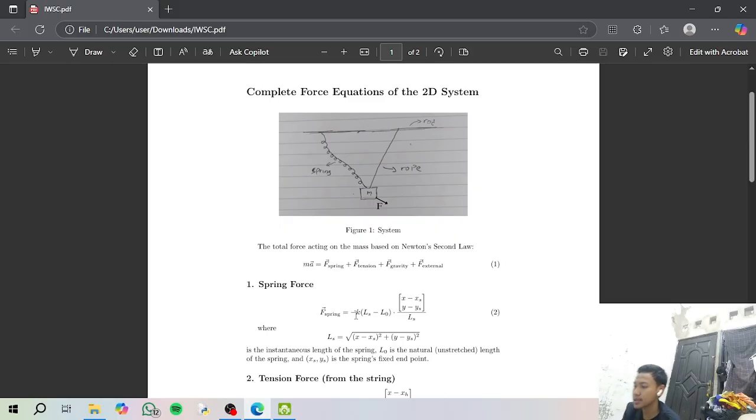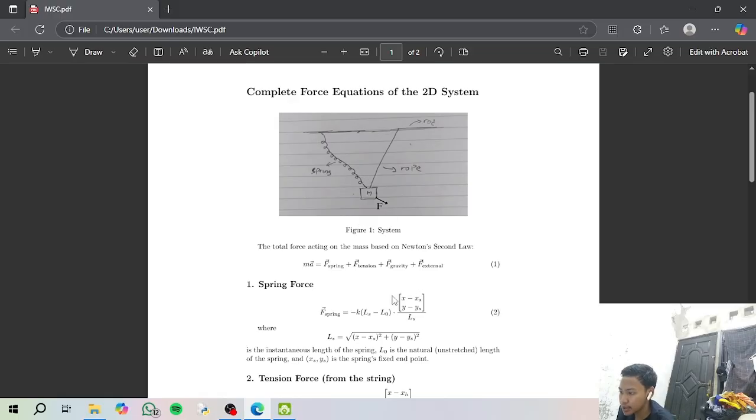Ls is the length of the spring here, and L0 is the natural length of the spring, so it's the length of the spring before we give it a mass and a force.